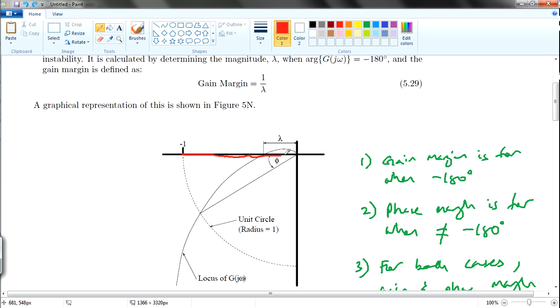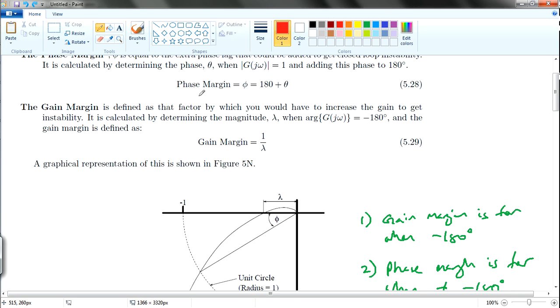When you're at this line, you can use the gain margin rule because you're exactly at 180 degrees over here. So you can straight away use this rule.